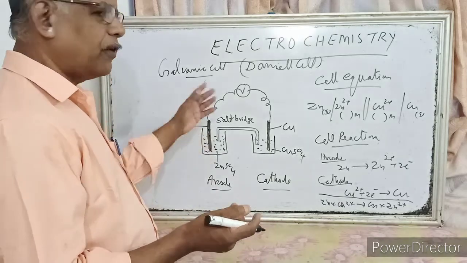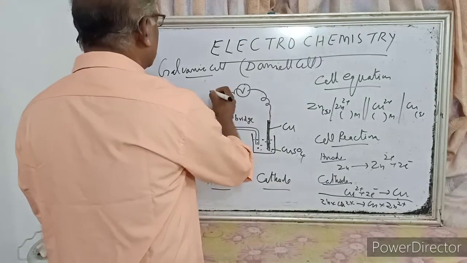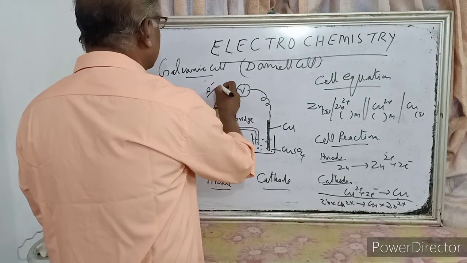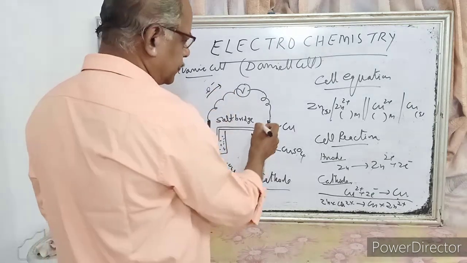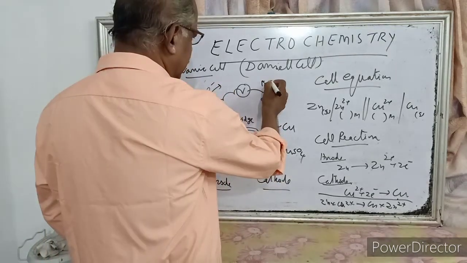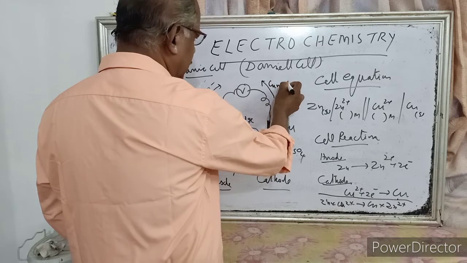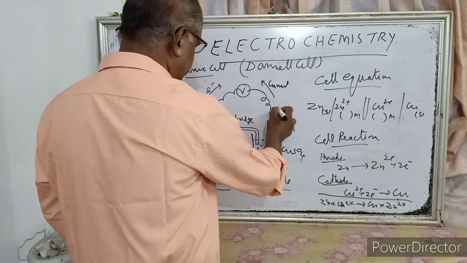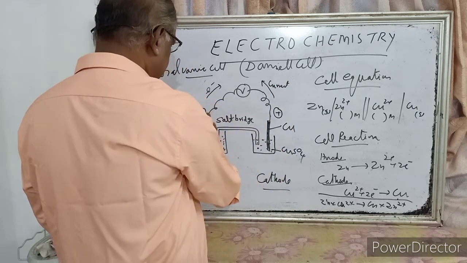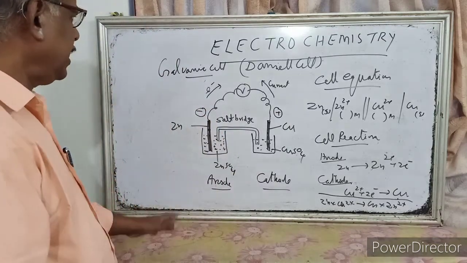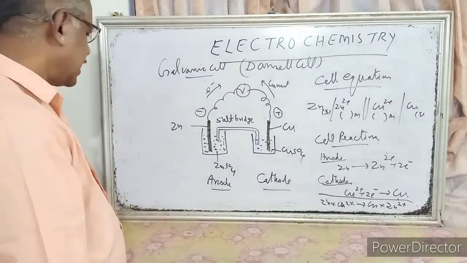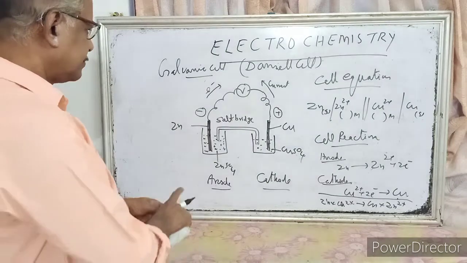So here the flow of electron is from zinc to copper, and current flows from copper to zinc. And this is the positive terminal and this is the negative terminal. So that is about the Daniell cell, which is a galvanic cell.